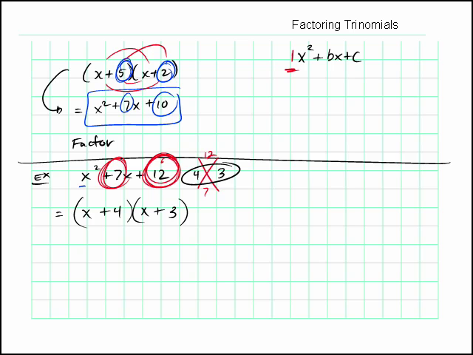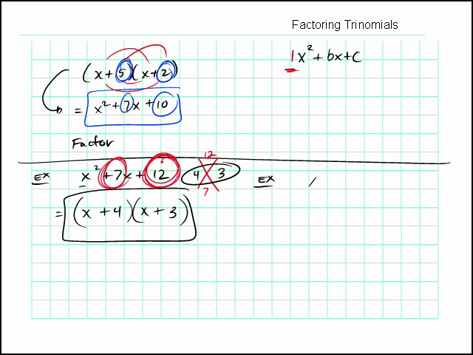You could have them switched, it doesn't matter. This is the factorization of our polynomial, x squared plus 7x plus 12. If you were not sure that you did it correctly, as I stated in a previous section, you would just FOIL this out and you should get the original problem back. And you would.